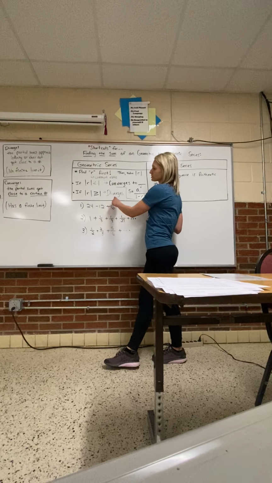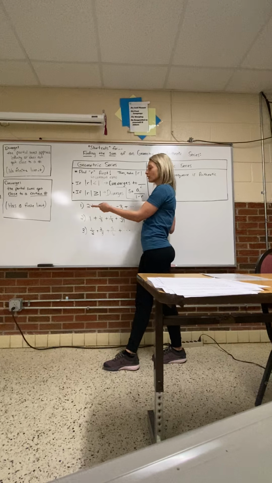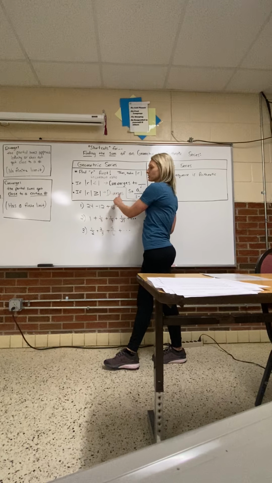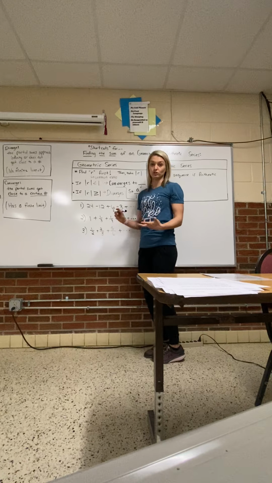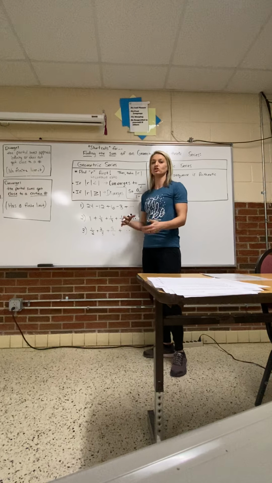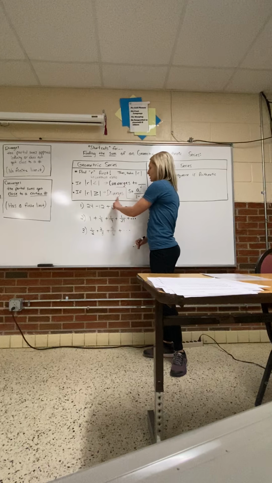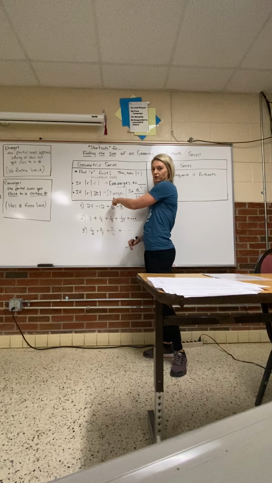Because that's going to be like that first sequence that we looked at in the other video. That's just going to keep getting bigger and bigger. So you would write down that it diverges. And with diverges, that already means that it's just going to keep getting bigger and bigger, and so you don't have to put anything other than that it diverges, all right?